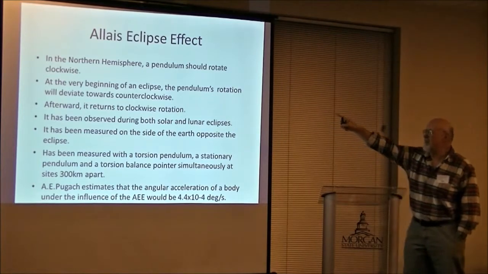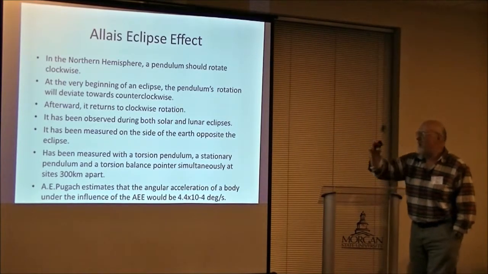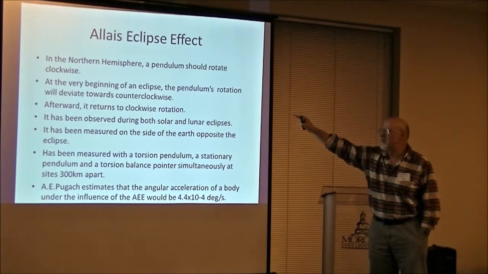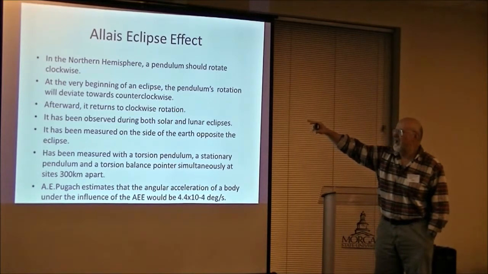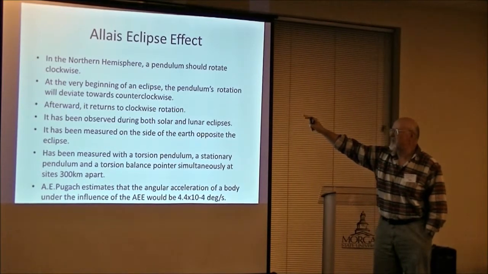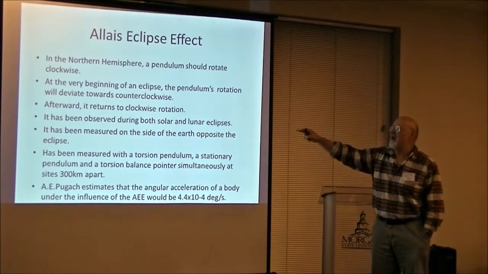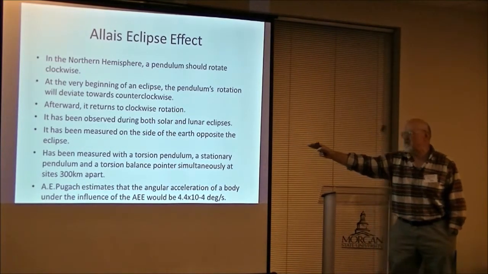This pretty much is what I just said. The northern hemisphere pendulum should rotate clockwise. At the very beginning of an eclipse, the pendulum's rotation will deviate towards counterclockwise. Afterward, it returns to clockwise.